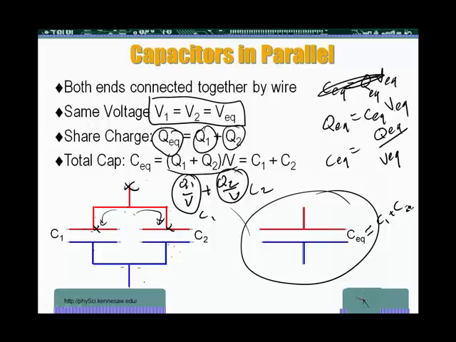Okay, that's wonderful. Now, another way of looking at it, if you recall the equation for capacitance, placing 2 capacitors in parallel is very much like adding up the areas.